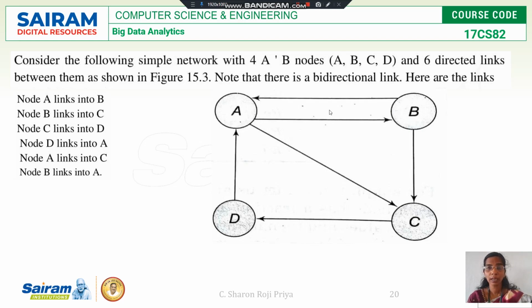Similarly, node B has 2 outgoing edges to A and C, so here also it is 50-50. Half the influence of B is taken by A and the other half is taken by C.